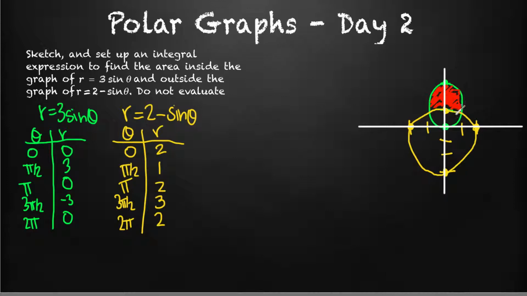So the area we're looking for is the red area here in this region. Now, what we're going to do is use what I'm going to call the windshield wiper method. We're going to go from the origin and draw a radial line that goes through where the graphs intersect.